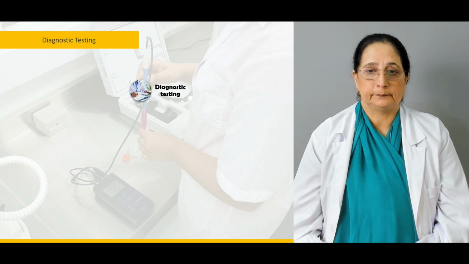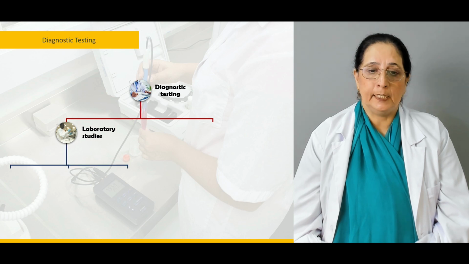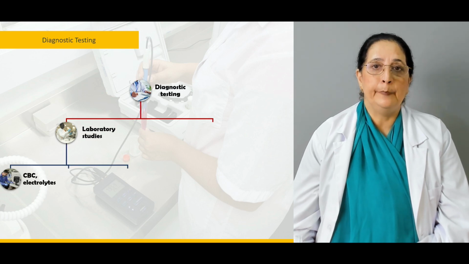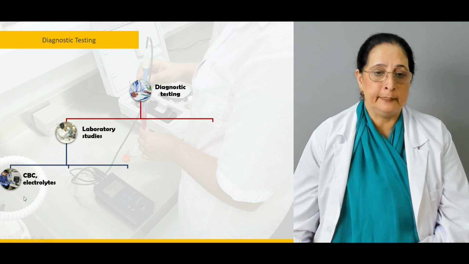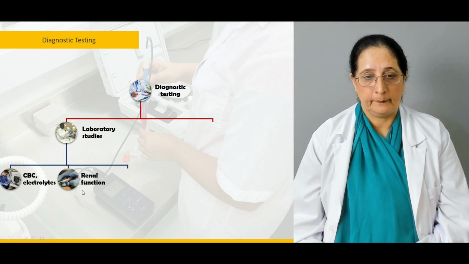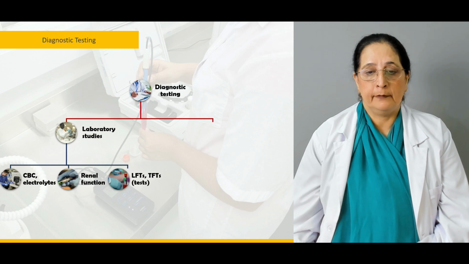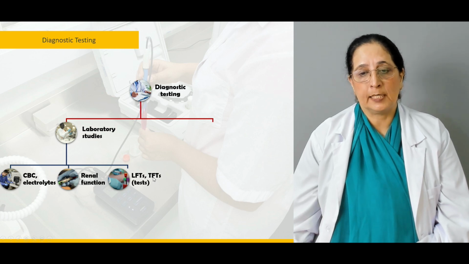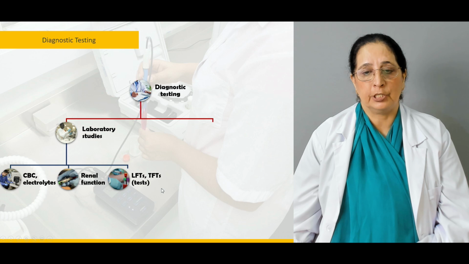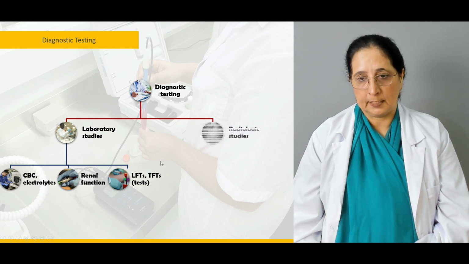Diagnostic testing. We have lab studies. In the lab studies, complete blood count is important to look for hemoglobin level and anemia. Electrolyte levels are important. Renal function test, liver function test, and thyroid function test. All these are the important lab tests.